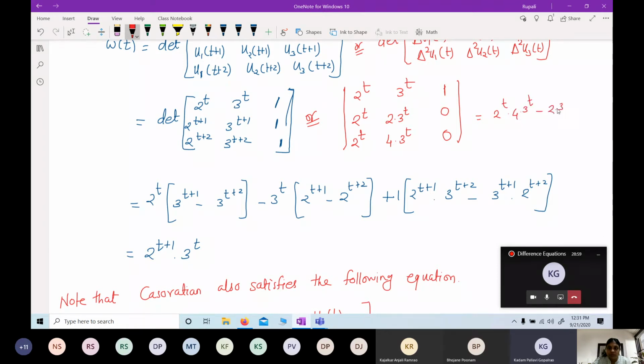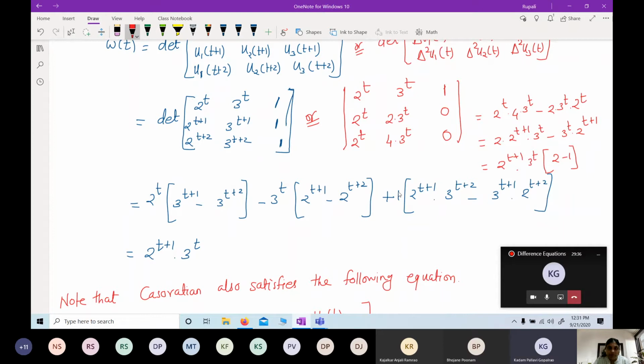This I can write as 2 times 2 raised to t plus 1 into 3 raised to t minus 3 raised to t into 2 raised to t plus 1. So 2 raised to t plus 1 into 3 raised to t is common, and 2 minus 1. If you simplify this also, you will get the same answer.